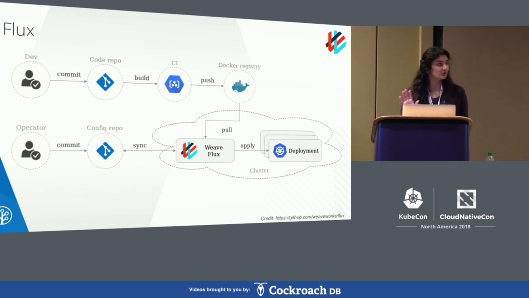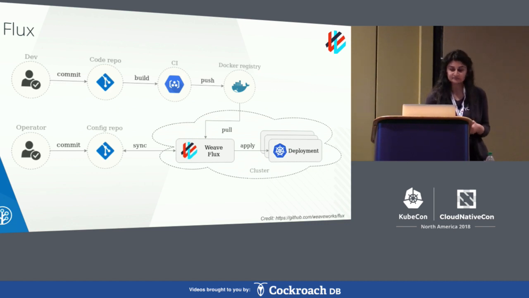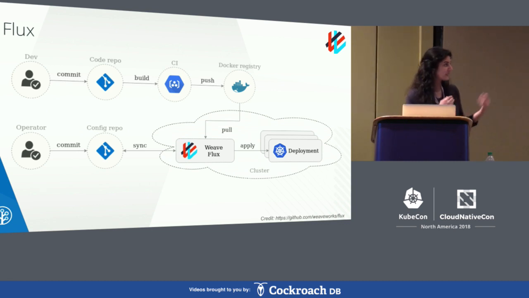So when you know there are new images and you want your deployments to get updated, you use the Flux CTL CLI. It also watches your config repo. So for any changes that people do, if they add new annotations or new environment variables, now those things are source controlled, and you know who did what when. And this actually is what I think is the best thing about this tool, that you can use this config repo to apply your cluster updates automatically.